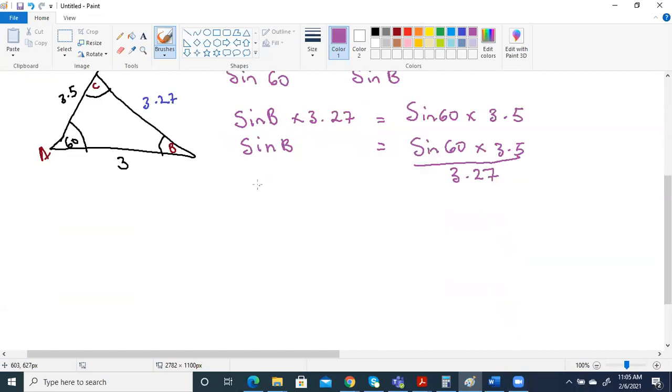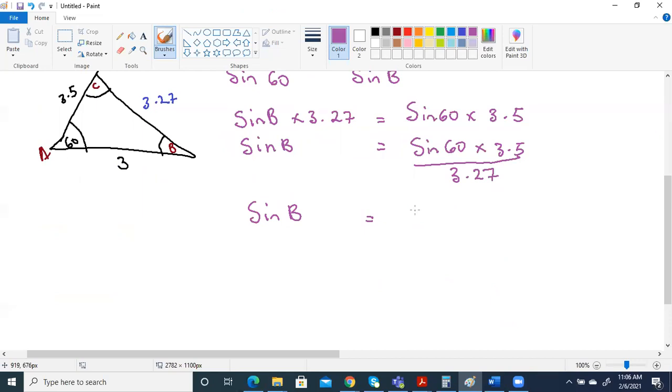So let's just put that in. Sine B is equal to sine 60. Let me just work it out. I haven't worked this one out as yet, so I'm doing it with you. Sine 60 is 0.866.